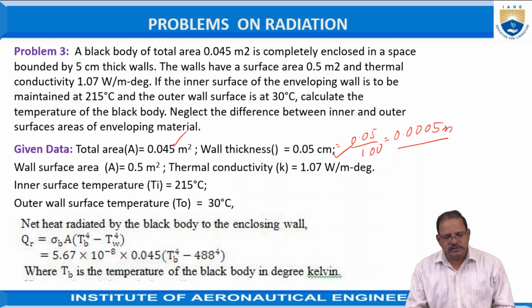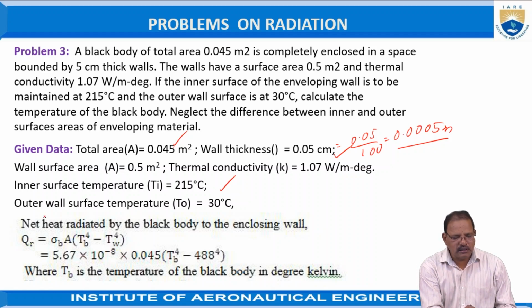The inner surface temperature is given, Ti, equal to 250 degree centigrade. The outer wall temperature, since it is exposed to air, is the ambient temperature, which is equal to 30 degree centigrade.